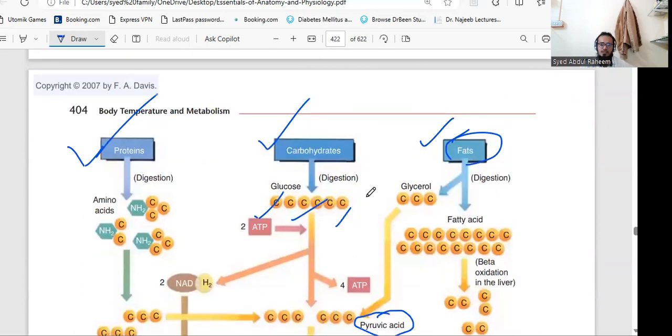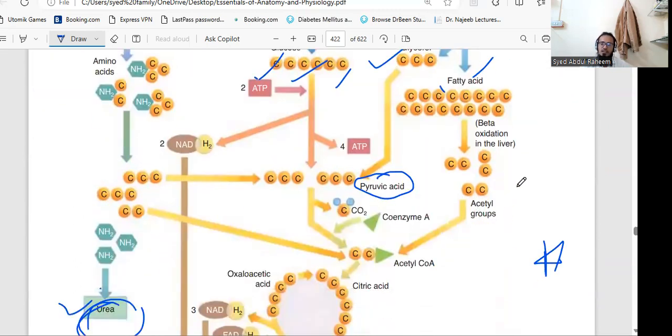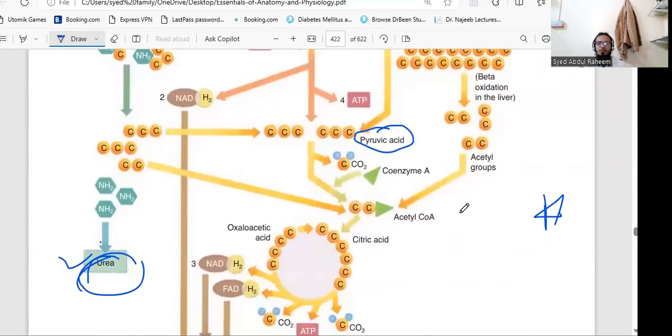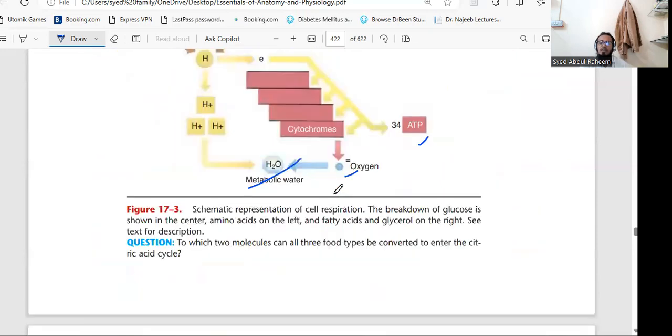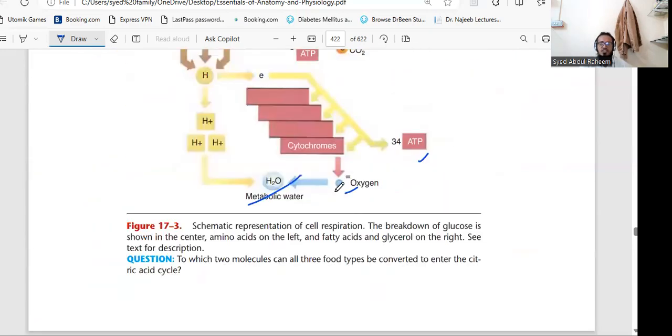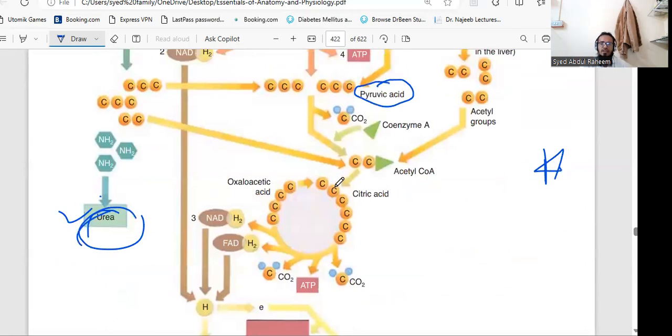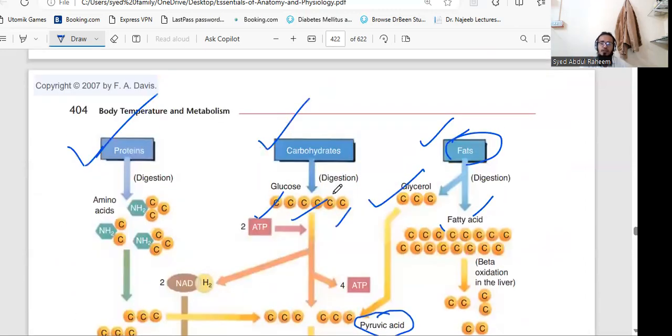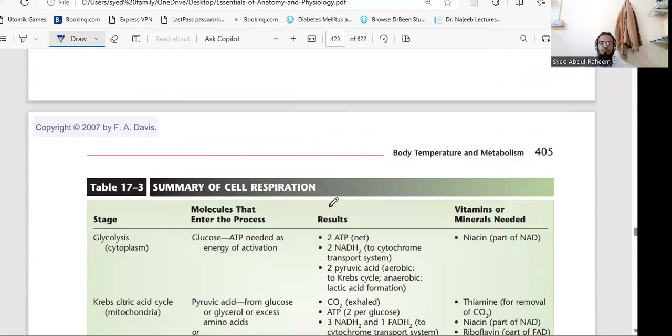Fats are also digested into glycerol and fatty acids. They are stored in the liver. Then whenever necessary, we have the same process to use the stored fat. So here we have the three chains of food material, and we get the end products from proteins, carbohydrates, and fats.